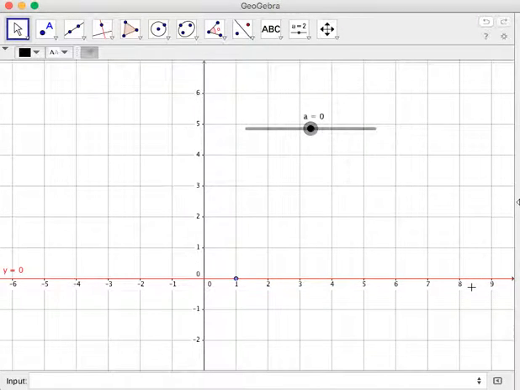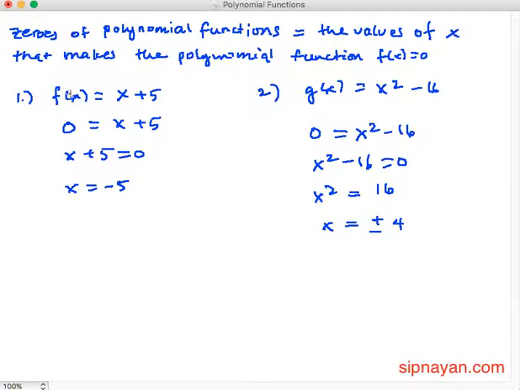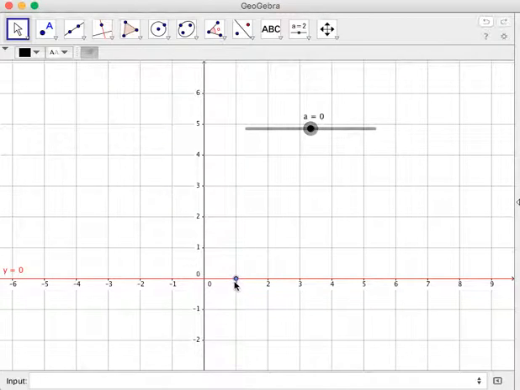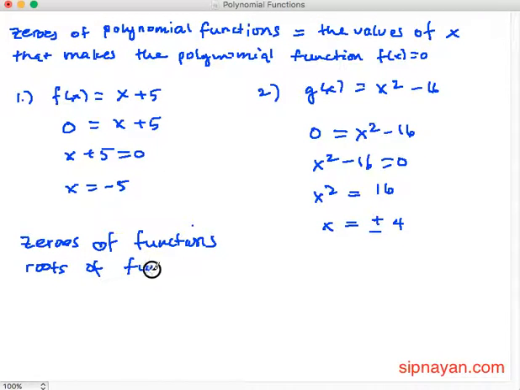If we are equating our function to 0 and finding the value of x, we are actually finding the points on the x-axis, which is the same as finding the roots. So zeros of functions, pwede din natin sabihin na roots kasi root din yung kinukuha natin. Roots of functions, pare-pareho lang ibig sabihin yan.